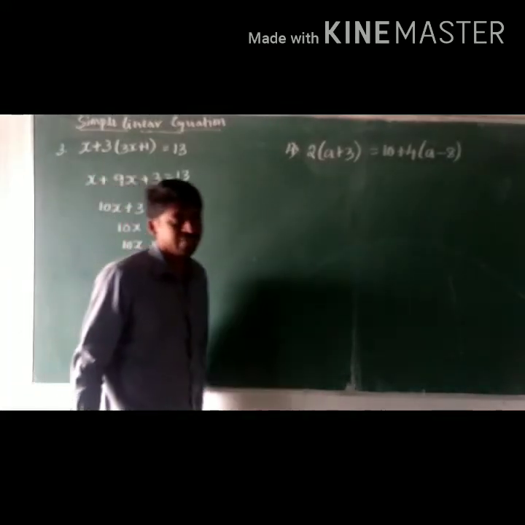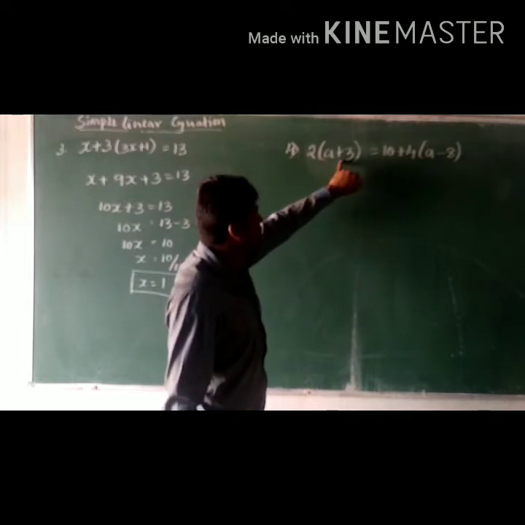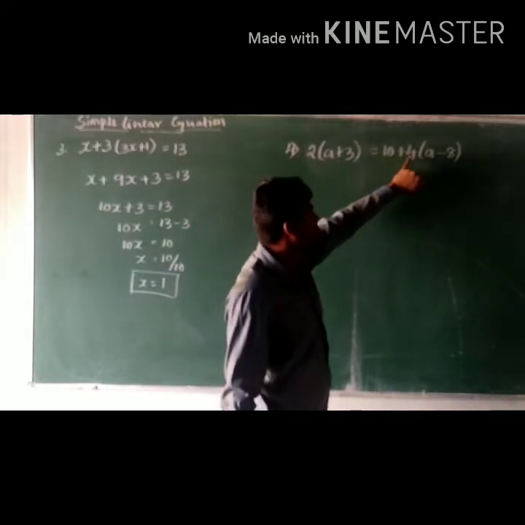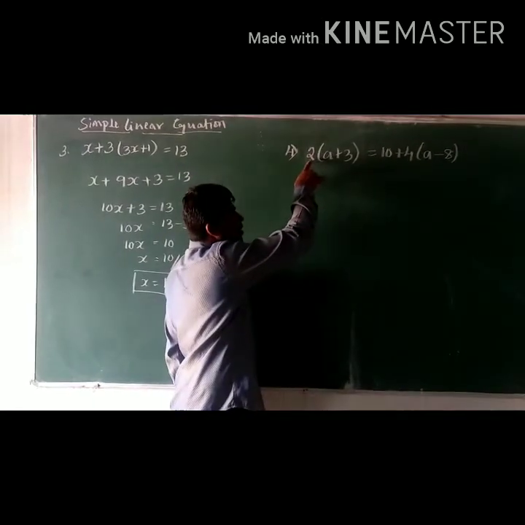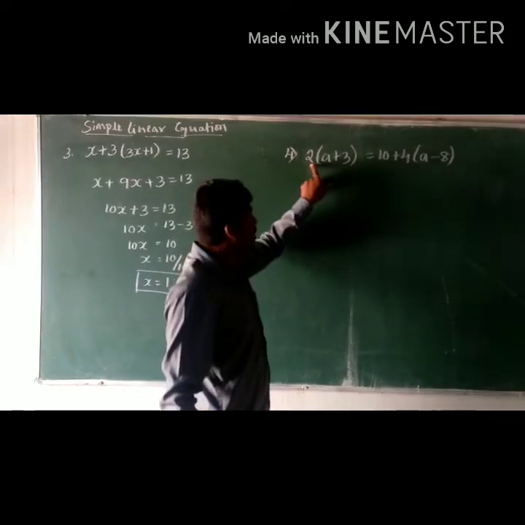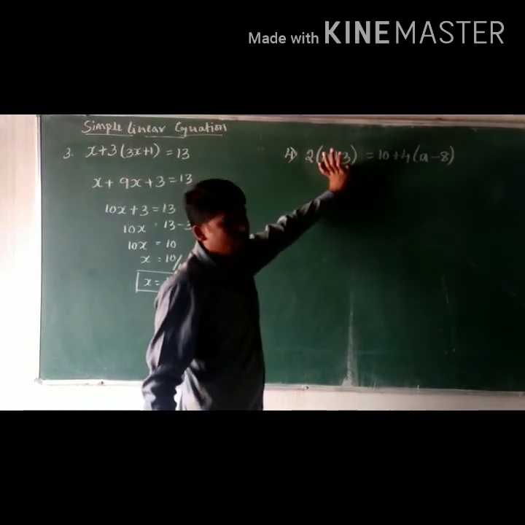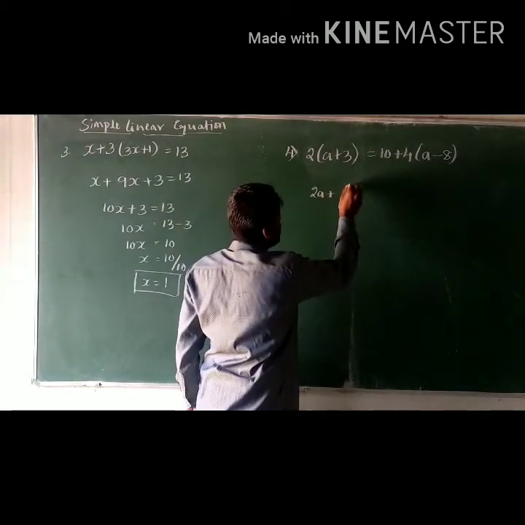Now let's see the fourth problem. The fourth problem is 2(a plus 3) is equal to 10 plus 4(a minus 8). Here this symbol should be considered as plus. With the help of this 2 we are going to multiply the whole bracket. 2 into a gets 2a, plus 2 threes are 6.